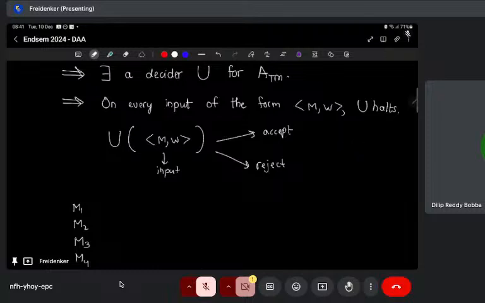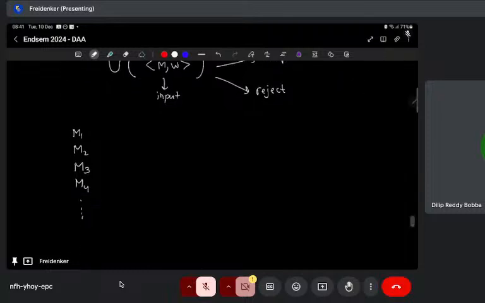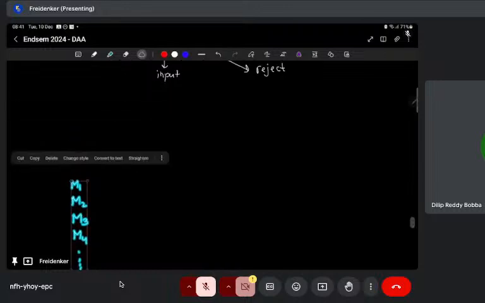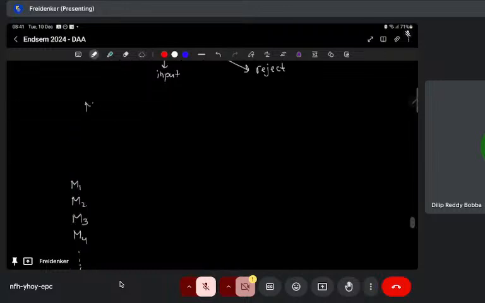So if M is a machine, let me write here. M is a Turing machine, and M is a seven tuple, right? So I'm using some new notation.